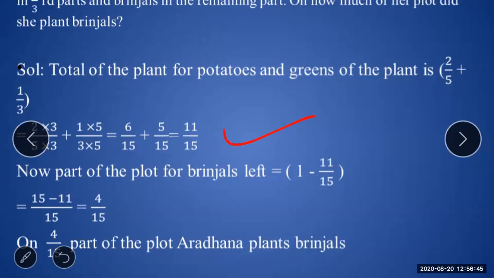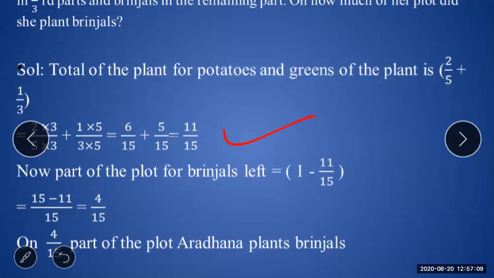So here our first step was completed. What step? Potatoes and green leafy vegetable, we have added it. We have made a common denominator, and the final answer, how much part have they done? They have completed 11 upon 15. 11 upon 15 part was planted with potatoes and green leafy vegetables. Now the remaining part was what?